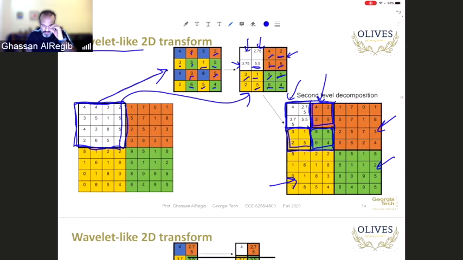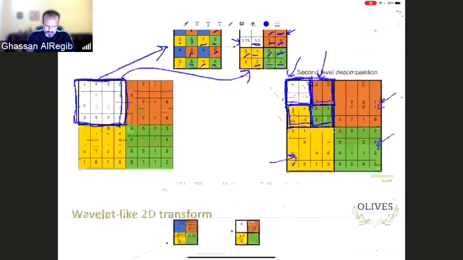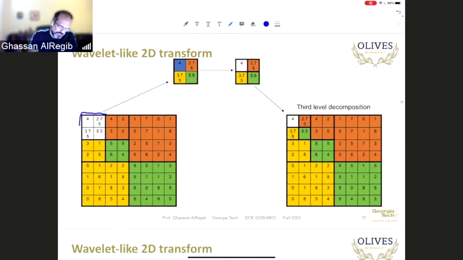And then now, can I still do more decomposition? Since I have this 2 by 2 approximation, the answer is yes, I can do one more. So I take that 2 by 2 approximation. I do the same procedure as before, right? And then this basically becomes our approximation, our decomposition in this case. And this decomposition here is very straightforward.